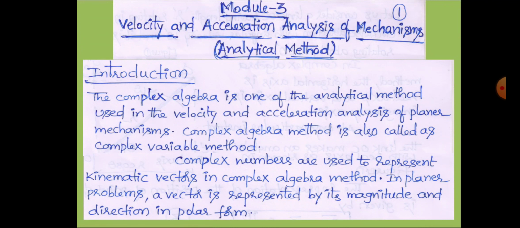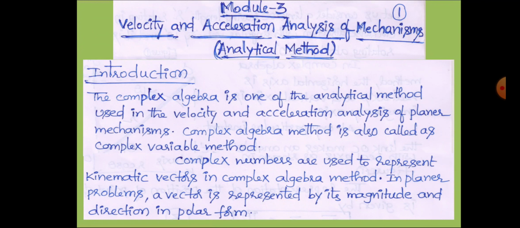Now, let us start the introduction. The complex algebra is one of the analytical methods used in the velocity and acceleration analysis of planar mechanisms. Here, what are those planar mechanisms? One is the 4-bar mechanism and the other is the slider crank mechanism. So I said very clearly before beginning, what is the objective of the chapter?